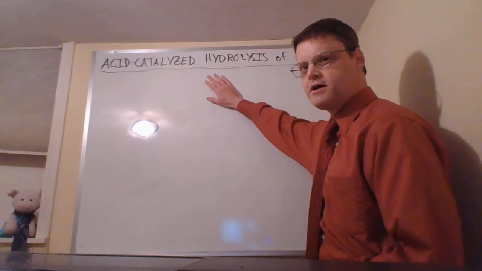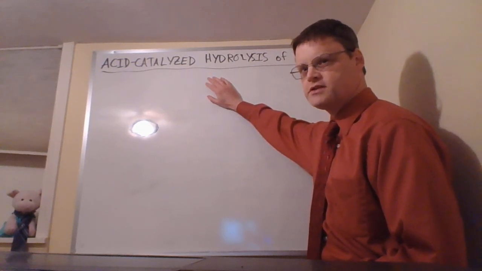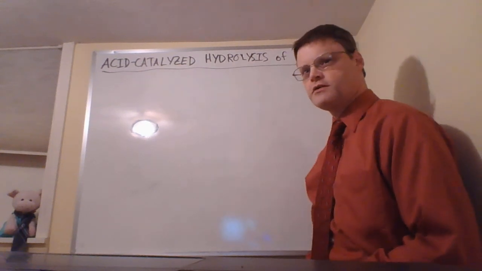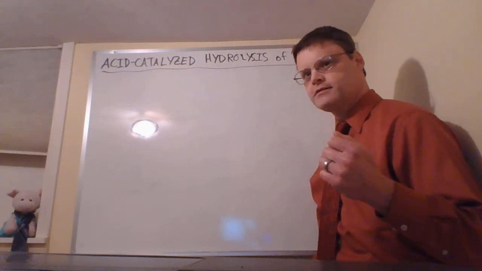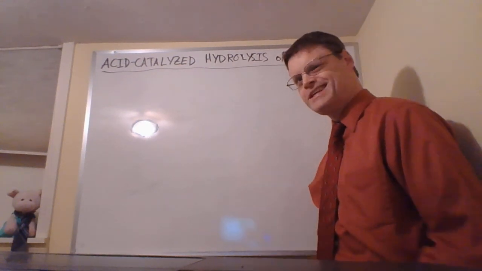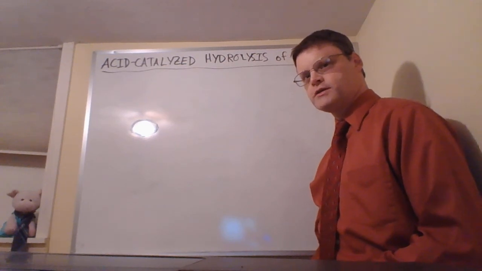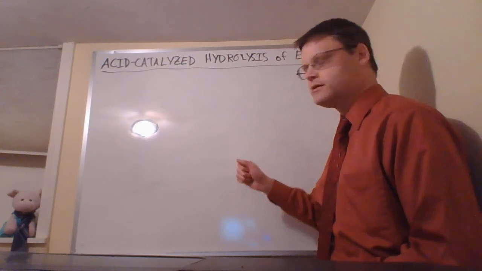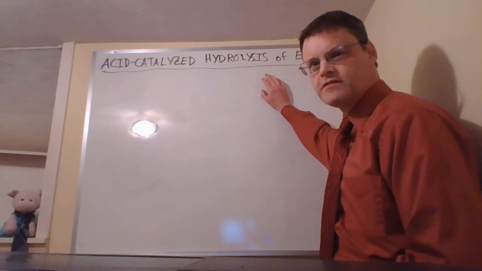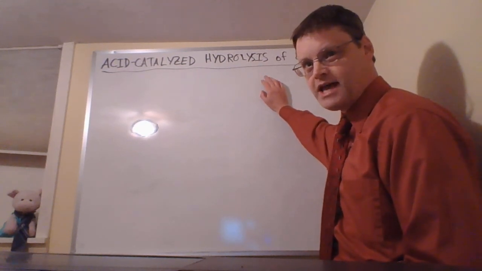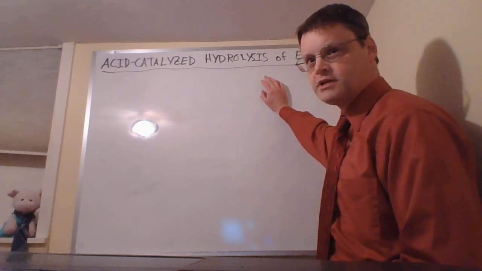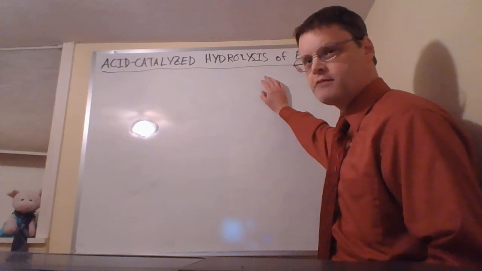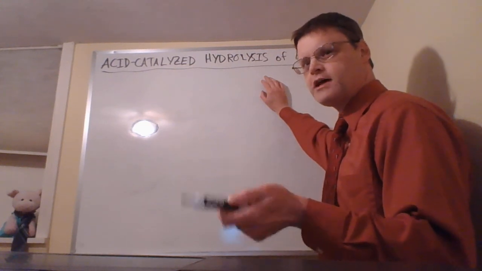Now, back in the carboxylic acid chapter, we saw a reaction called the Fischer Esterification, where we took a carboxylic acid and an alcohol and turned it into an ester plus water. Well, this reaction is the opposite of that reaction. We're going to take an ester and hydrolyze it with water to make a carboxylic acid and an alcohol.